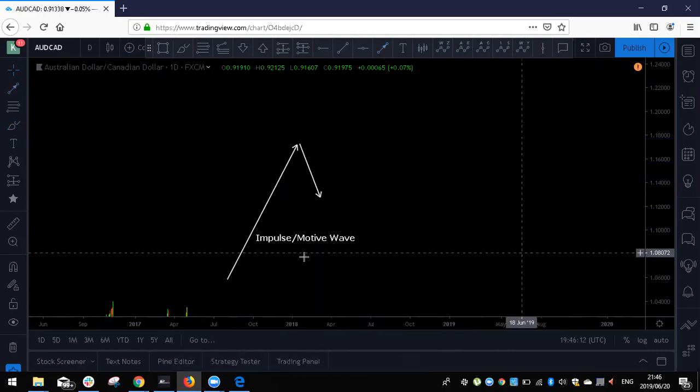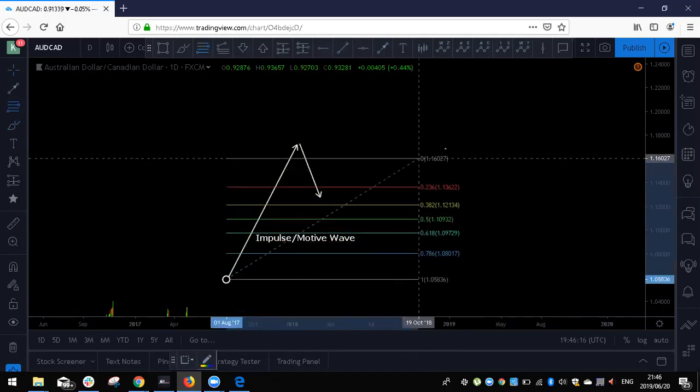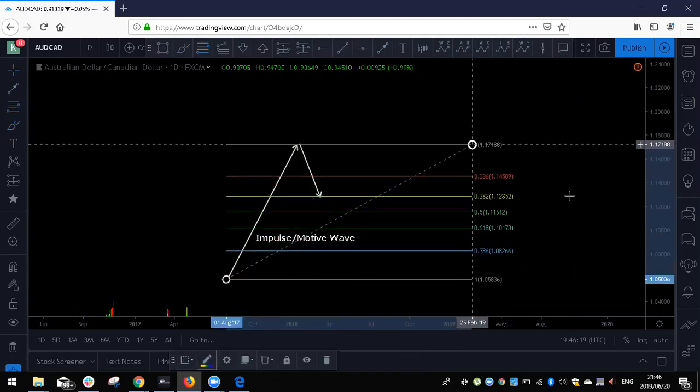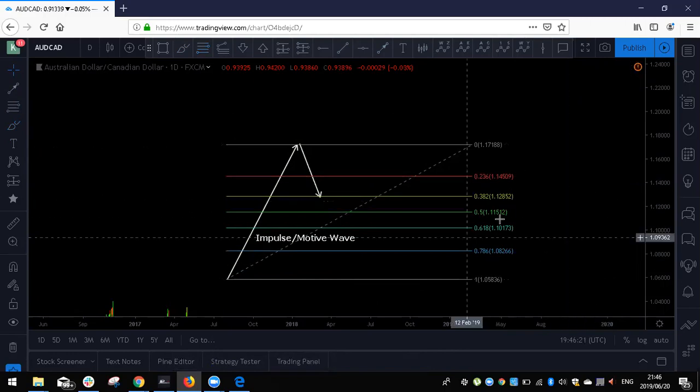Once it starts to reverse, that is where you become interested in the support and resistance zones for that price.